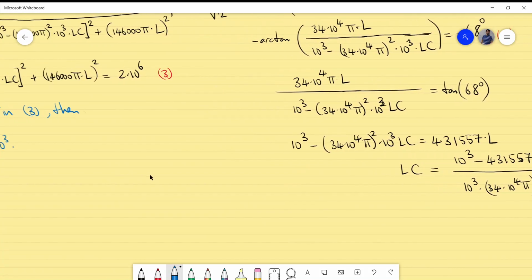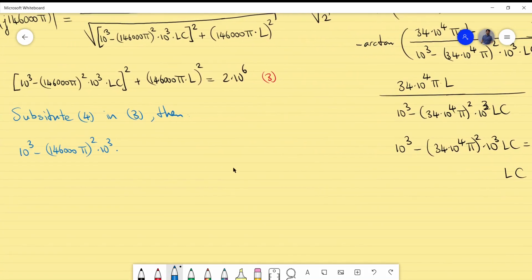Yeah, I will just write down, because it is 1000 minus 431,557 L divided by 1000 times 3, 4 times 10 to the power 4 pi squared. That's all.